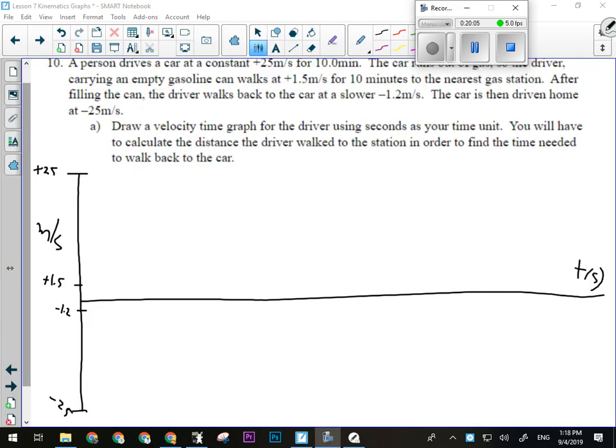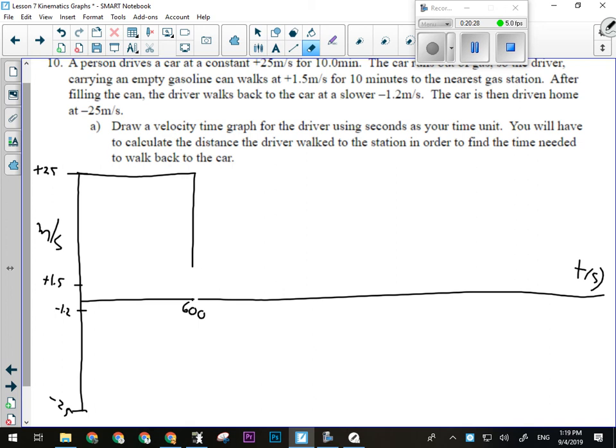So we're supposed to draw the velocity versus time graph of this motion. So we can start off, it's pretty easy for at least the first two parts. Travels at 25 meters per second for 10 minutes, which is also 600 seconds. So I'm just going to go like this and say that this here is at 600 seconds. Sorry, I should go all the way to the x-axis.